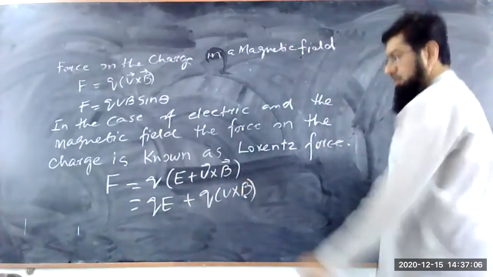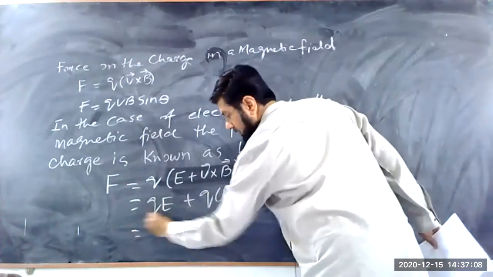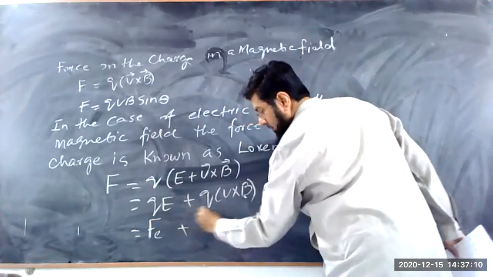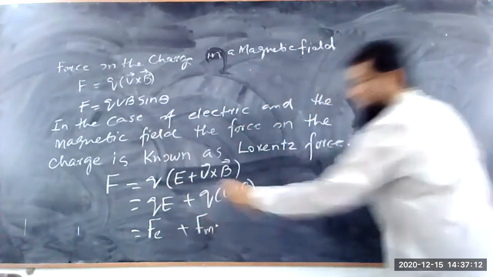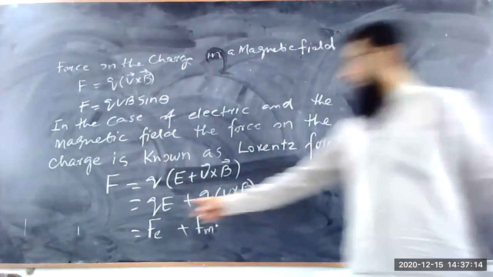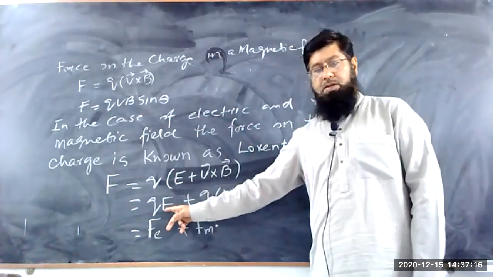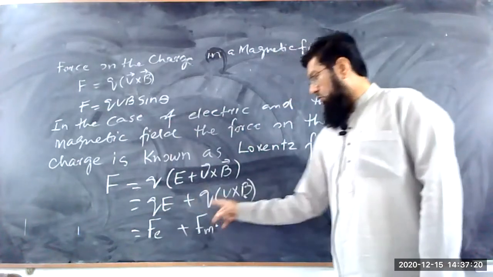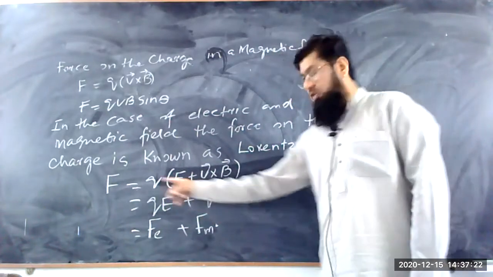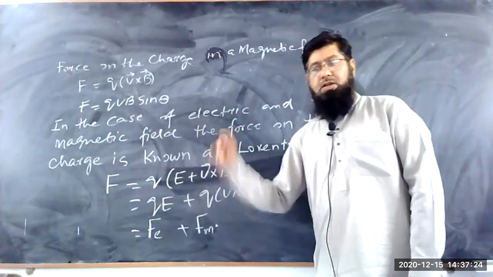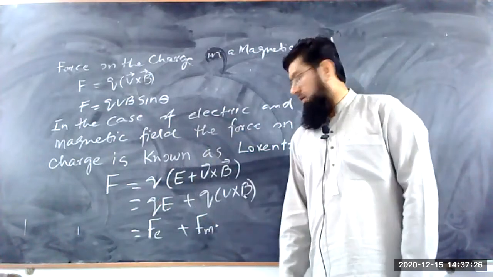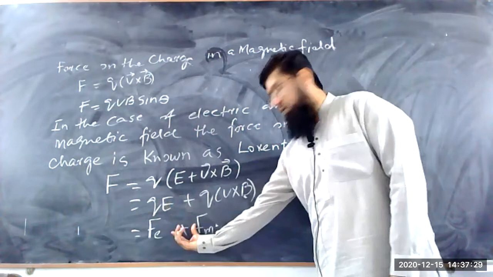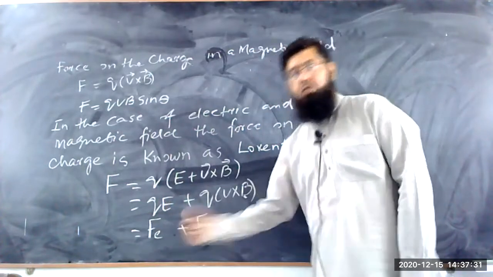So this Lorentz force is the sum of electric force plus magnetic force. This qE is the force on the charged particle when the charge is in the electric field, and this q v × B is the force on the charged particle when the charge is in the magnetic field. So the total force is known as the Lorentz force.